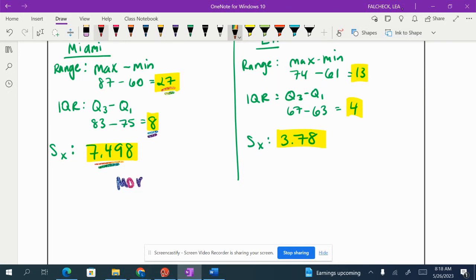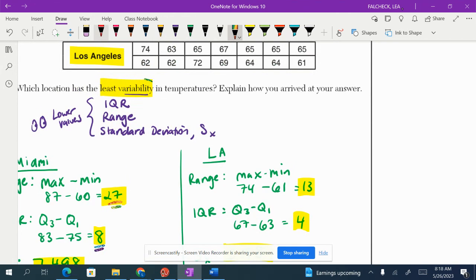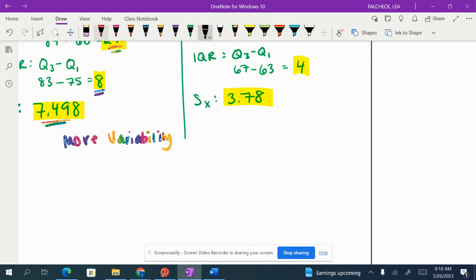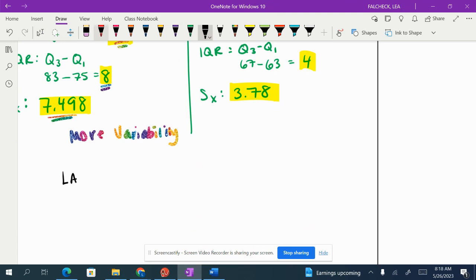So Miami has much more variability in its temperatures than LA does. To answer the question, which location has the least variability in temperature, we are going to want to select LA. So LA has the least variability in temperatures.